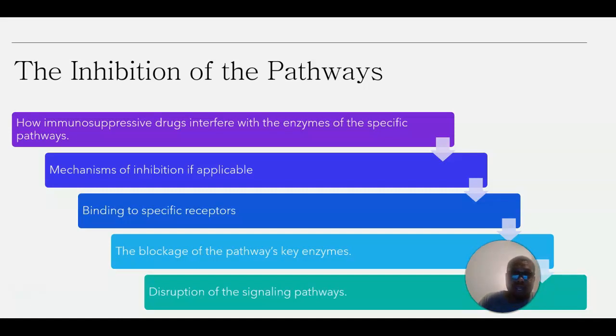There are certain mechanisms, and one mechanism that I've researched is that they inhibit a pathway that targets key signaling molecules, which involves T cell activation. For example, calcineurin inhibitors like cyclosporine can inhibit the activity of calcineurin, which is a phosphatase enzyme that is crucial for the activation of the T cells.